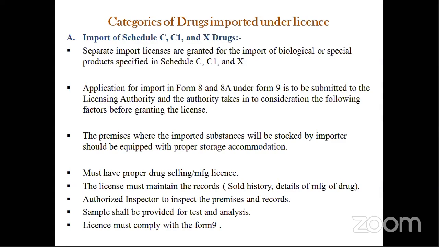So when any company or any manufacturing firm is going to import any Schedule C, C1 and X drugs, it needs special permission from the licensing authority or customs officers, because biological and parenteral drugs carry some risk factors.